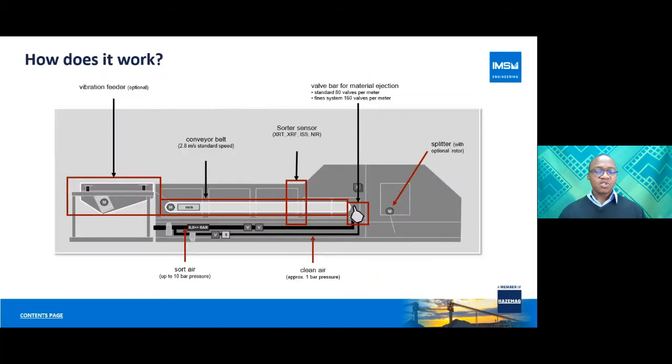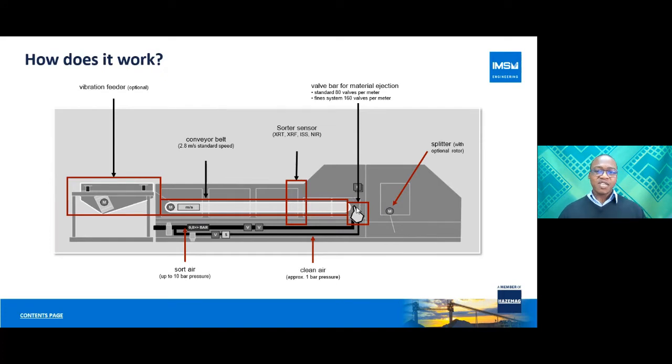So how does sensor sorting work? Essentially, material is discharged onto a feeder. This feeder creates a single layer which discharges onto a conveyor. As the material moves along the conveyor, it passes through a number of sensors. This could be a single sensor or a combination of sensors. The material then moves on and a signal is sent to an ejector bank, valves that then eject material.